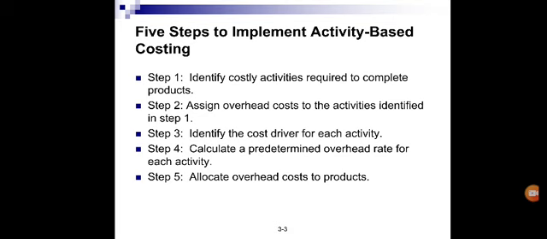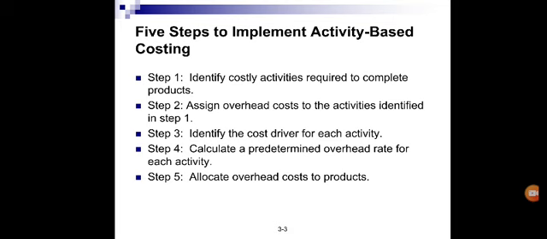After you have identified the activities, the second thing that you have to do is assign the overhead cost to the activities identified in step 1. So if there are 3 activities, then you have to estimate the overhead cost for activity 1, overhead cost for activity 2, and overhead cost for activity 3.